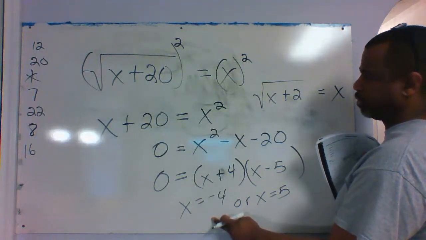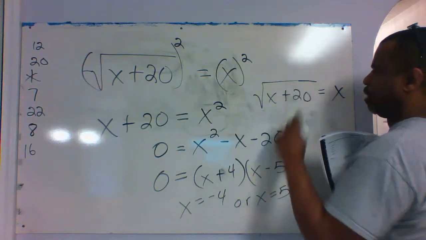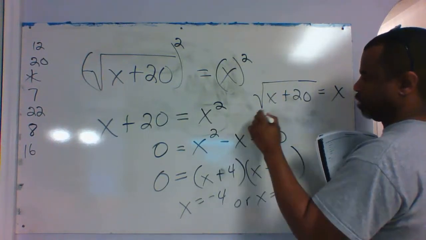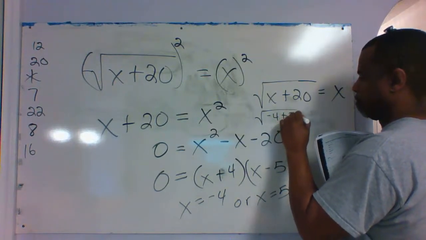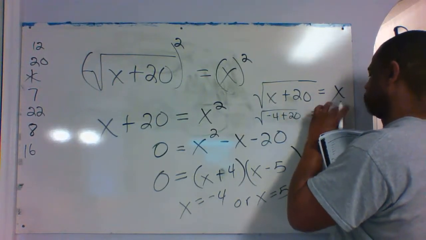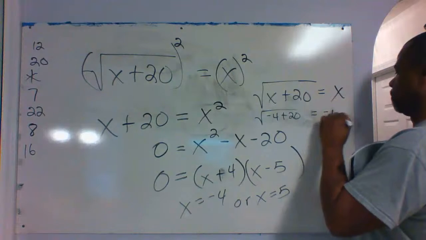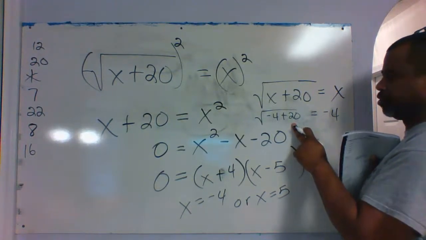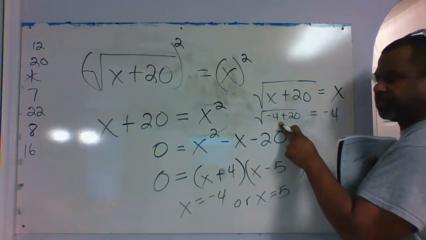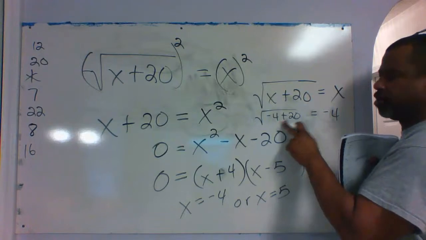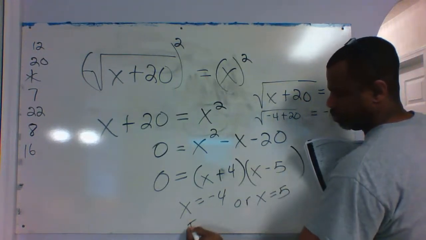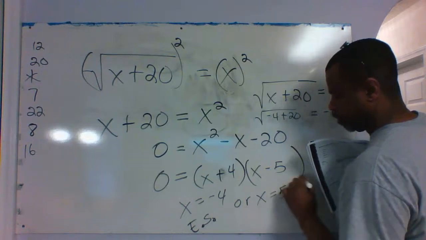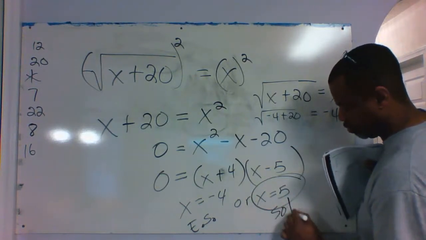Because if we put -4 in here, the square root of 16 is +4, and +4 does not equal -4. So this is your extraneous solution. So this is your solution.